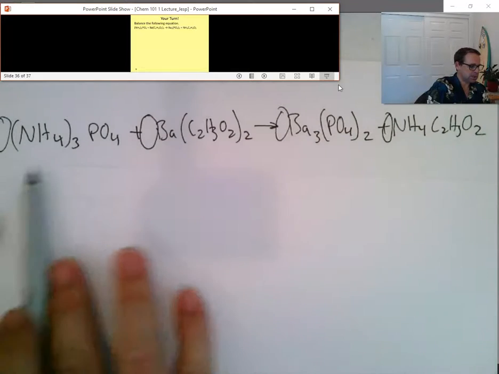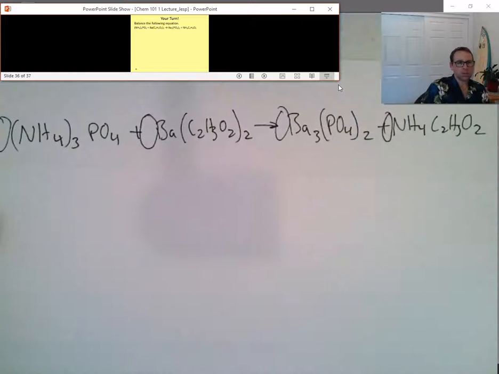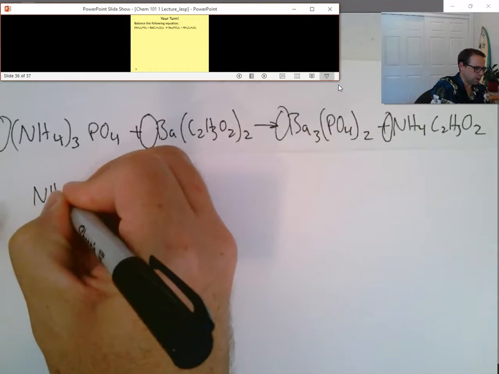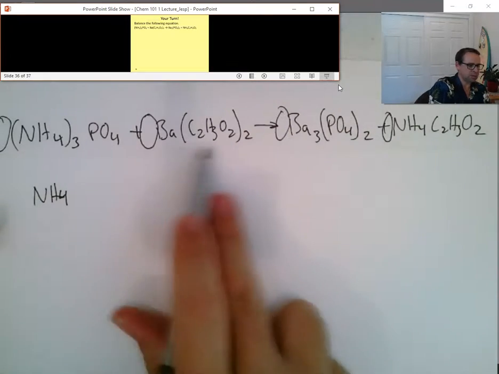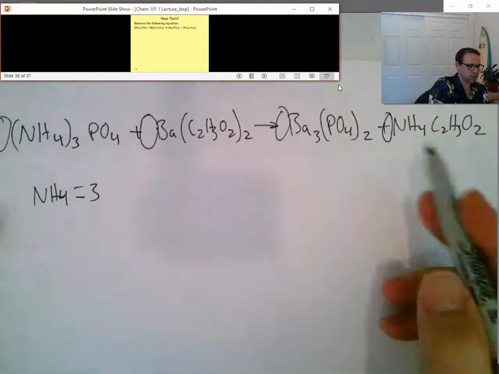Can you see any clusters or groups that seem to be the same? Yes. Okay. What's one that you see? NH4. Very good. And how many NH4s do we have on the left? 3. Very good. And on the right here?